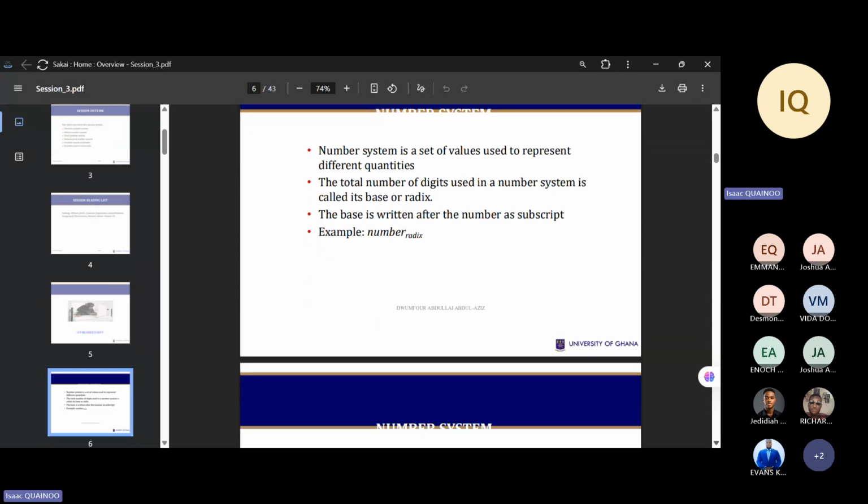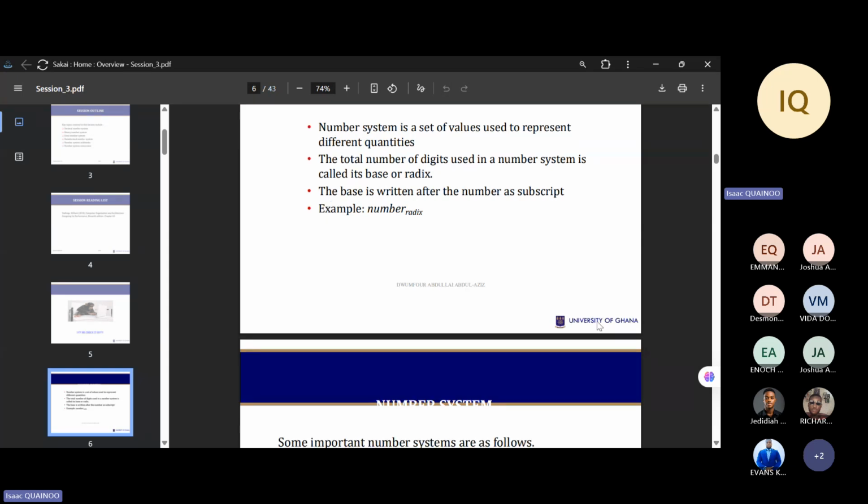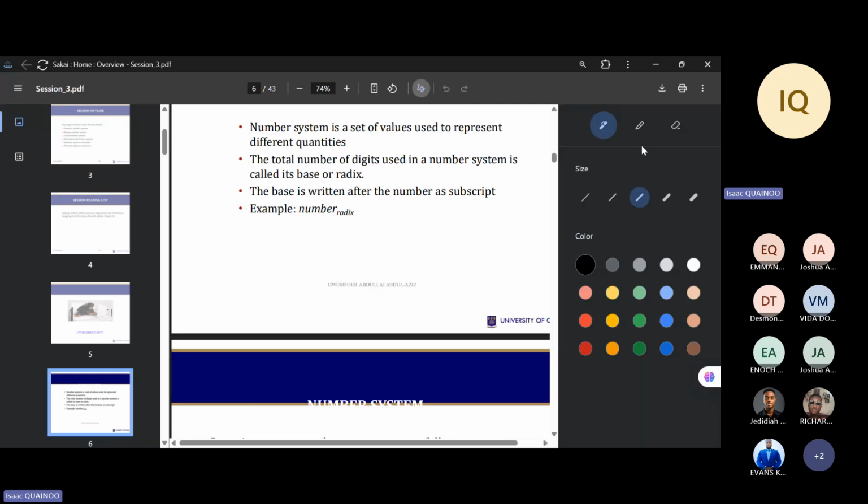All right, so when you talk about number bases or number system, it's just a set of values used to represent different quantities. The total number of digits used in a number system is called its base or radix. And this is the first thing we have to know about number bases. So let's say we call a number system A, and the number system A can accommodate, let's say, three different digits or three unique digits.